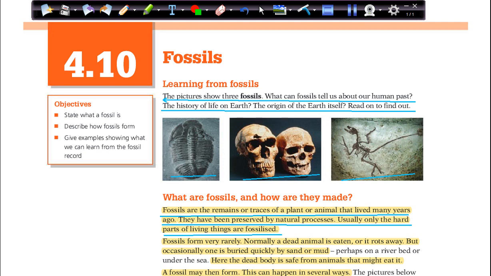So we don't see soft tissues like the skin preserved under the ground. We can only see the hard part of the body, which is the skeleton, the bones. So this is the definition of fossils.